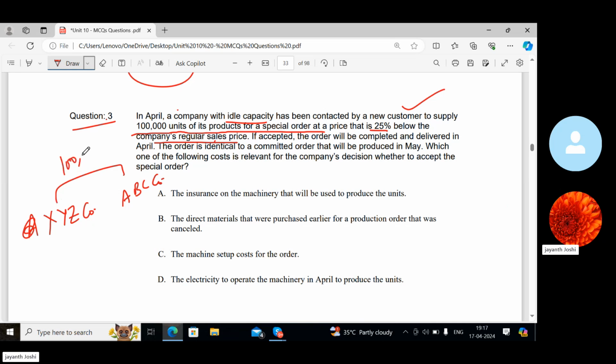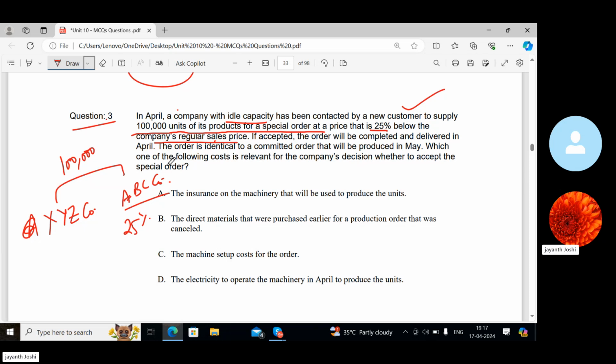To supply 1 lakh units of its products for a special order at a price of 25% below the company's regular sales price.